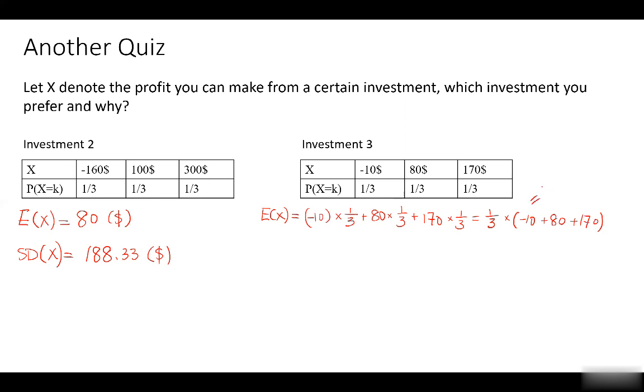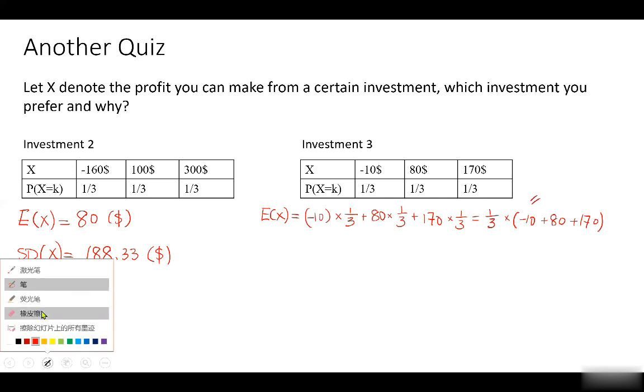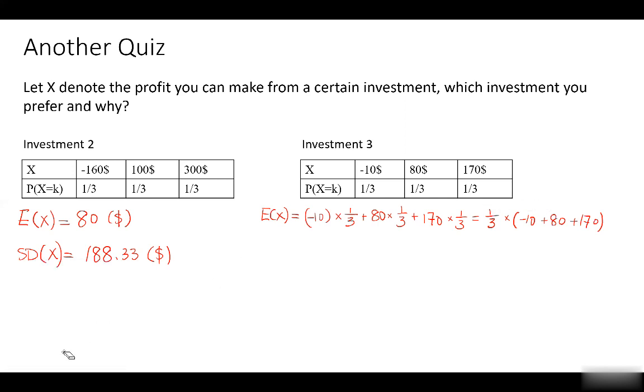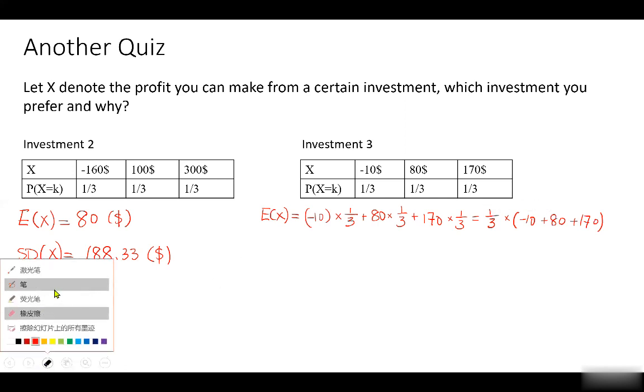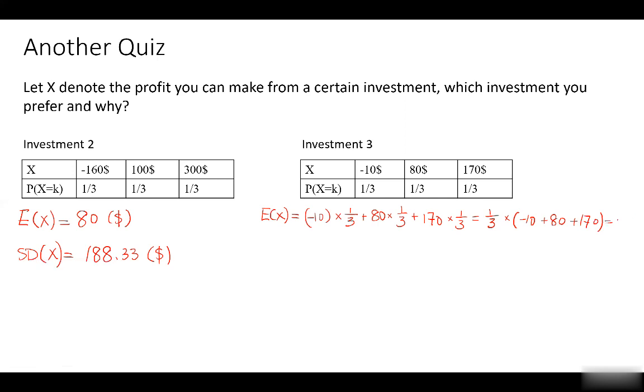Which is 80, right? So that means for the average profit, investment 3 is the same as investment 2, right?